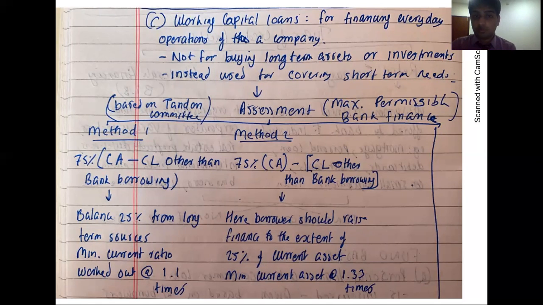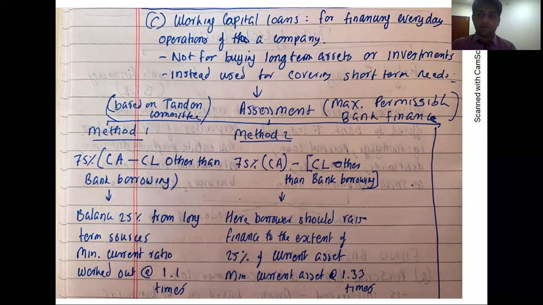This facility will not be used for buying long-term assets or investment. It will be used for short-term needs, like buying materials and paying suppliers. Basic normal operations of the company will be met using working capital facilities.